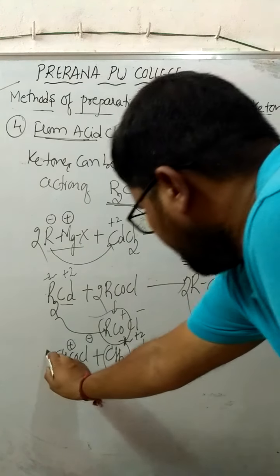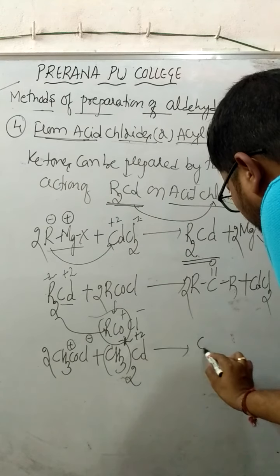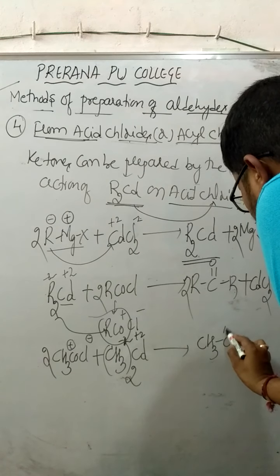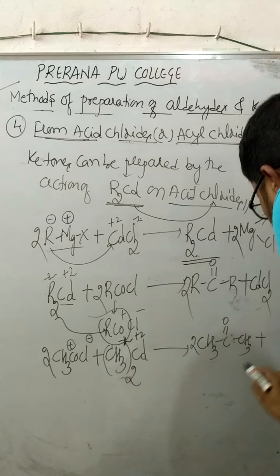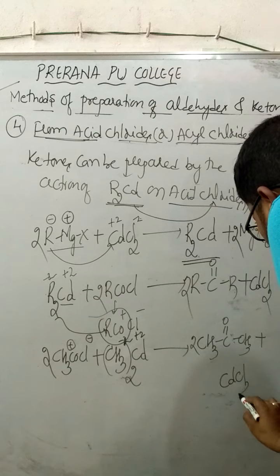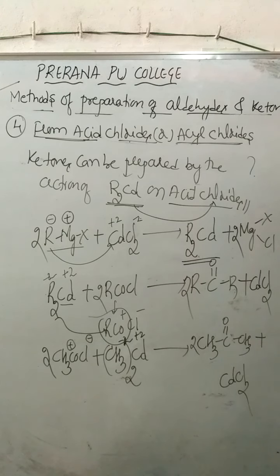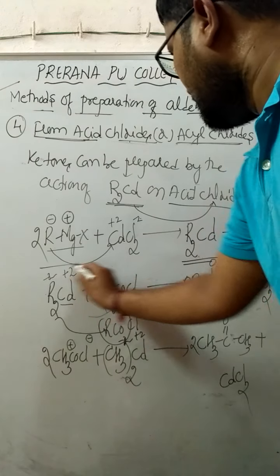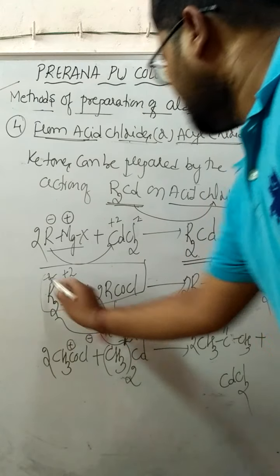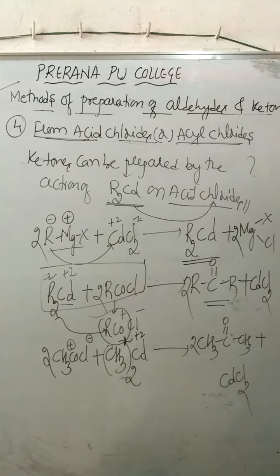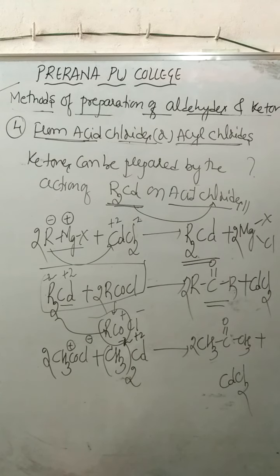If I take this as 2 moles, I can write it as CH3COCH3, which will be of 2 moles, along with the formation of cadmium chloride. This is the method by which ketones can be prepared when dialkyl cadmium is made to react with acid chloride, which will give rise to ketone as the major product. So all these are the different methods by which an aldehyde as well as ketone can be prepared.